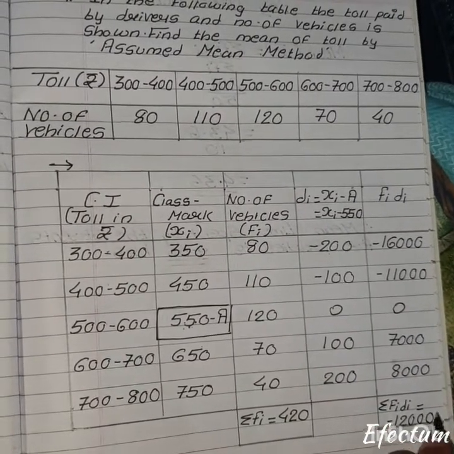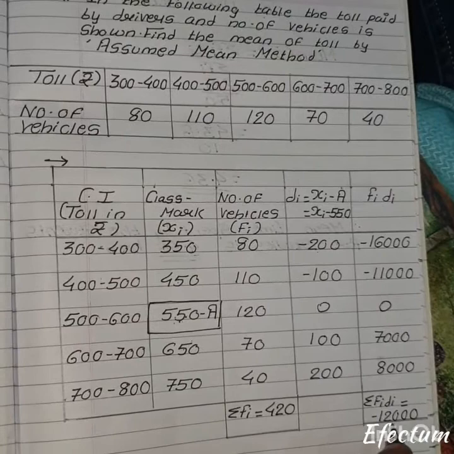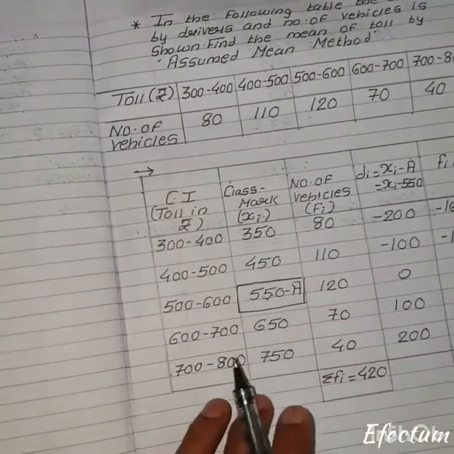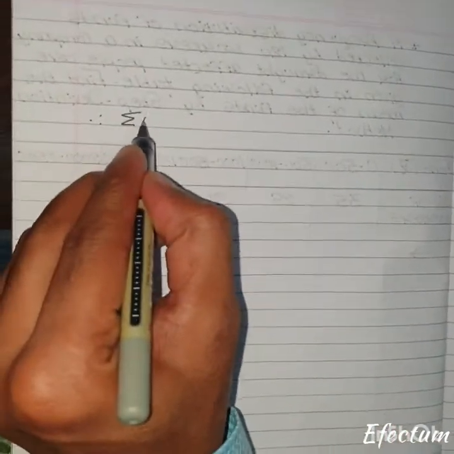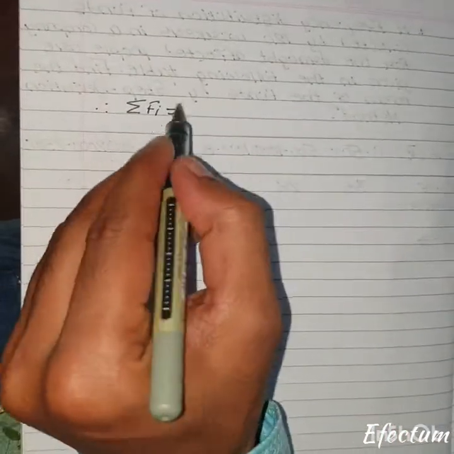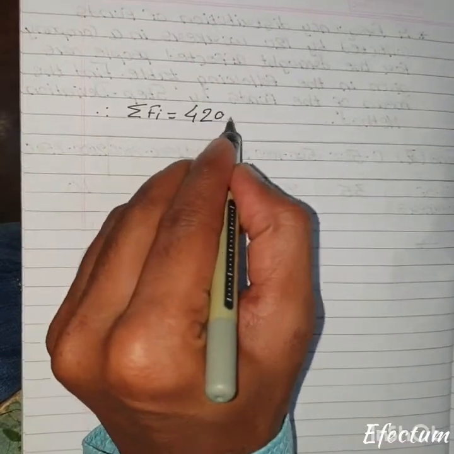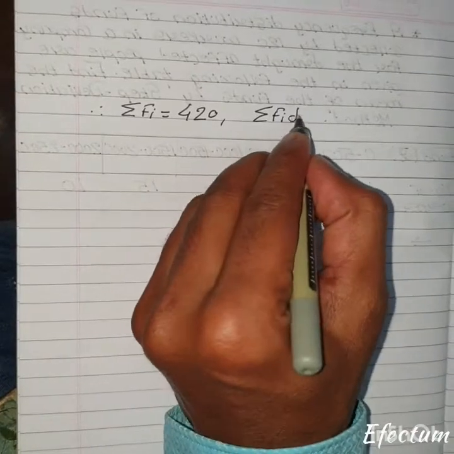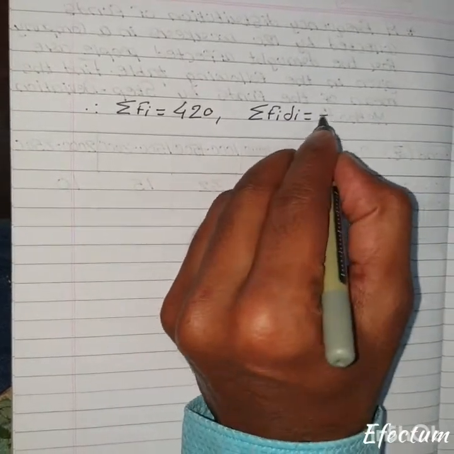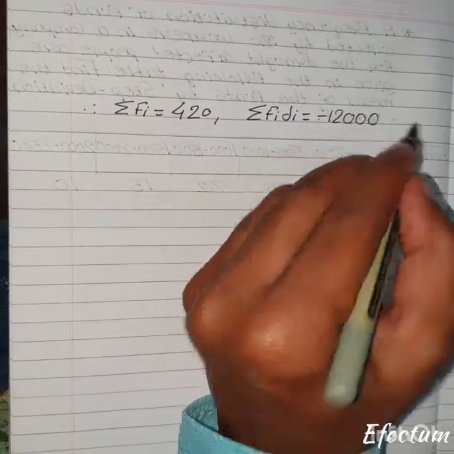So here we got summation fi di is equal to minus 12,000. Therefore summation fi is equal to 420, and summation fi di is equal to minus 12,000.